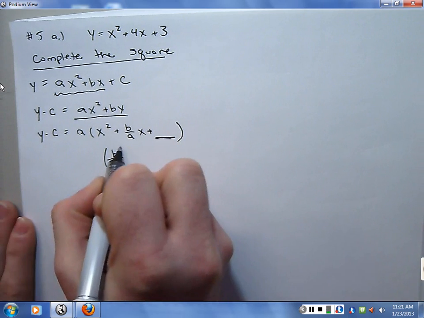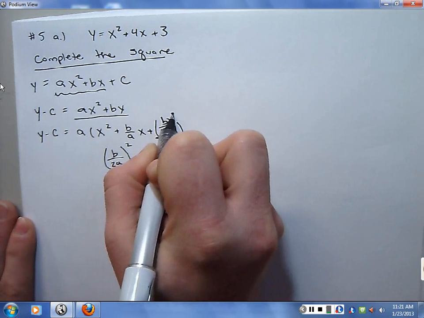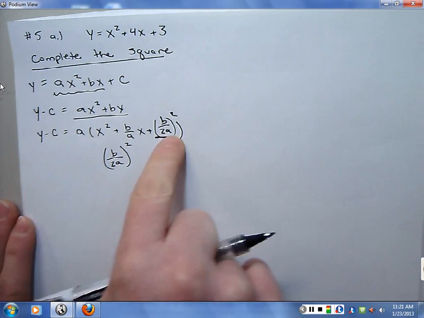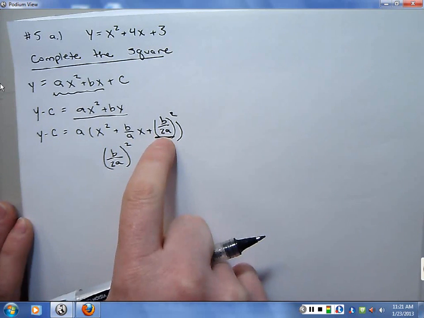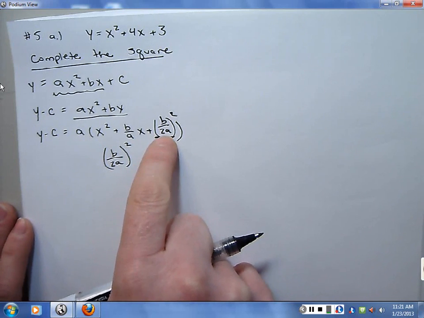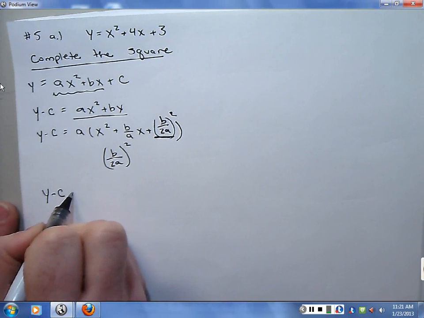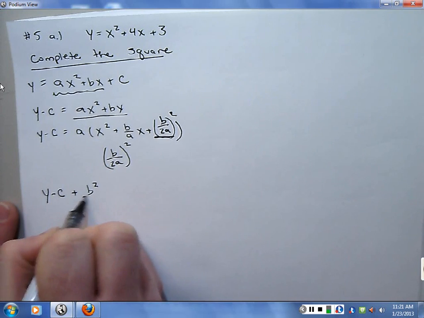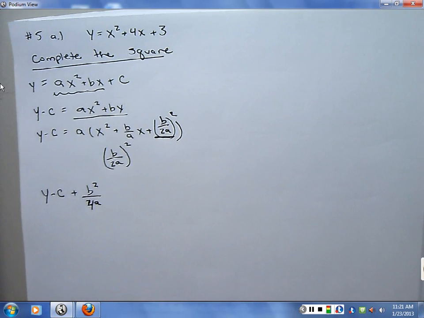So I'm adding b over 2a squared, but really that means I'm adding b squared over 4a, so this would be y minus c plus b squared over 4a, because it's the whole thing squared. I had an a squared, but this a canceled it when I added it on that side.